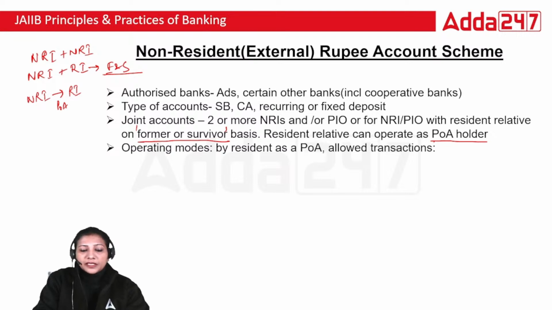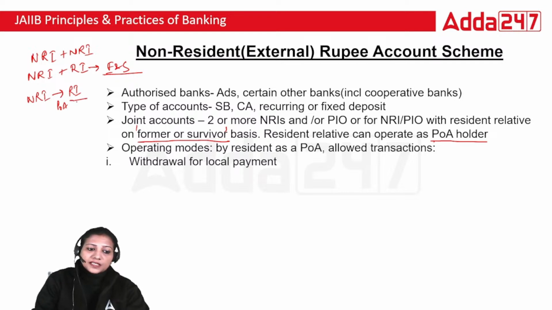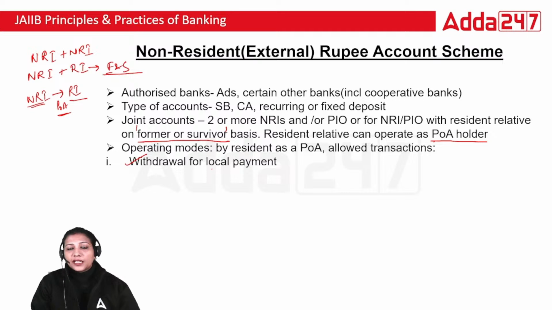What are the allowed transactions? If a resident Indian is a POA holder of the NRI account, then he or she can withdraw for local payment. If any kind of local payment is to be done, withdrawal can be done for that purpose.